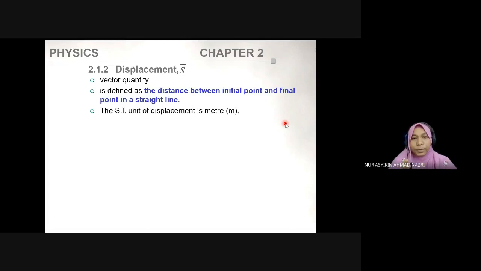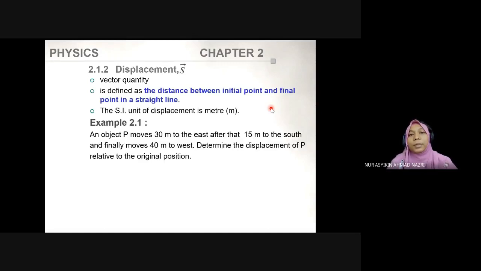Sebab unit sama, distance meter, displacement also meter. Okay, so but if you want to distinguish, may explain based on the definition. Also can or explain the quantities itself. Contoh macam dia ada vector or dia adalah scalar quantities.